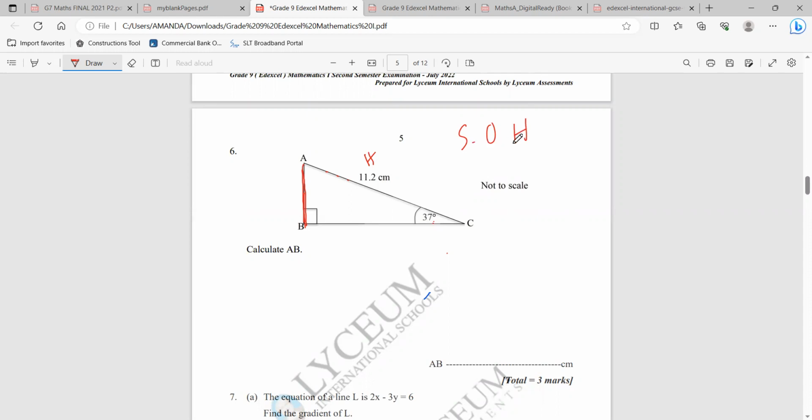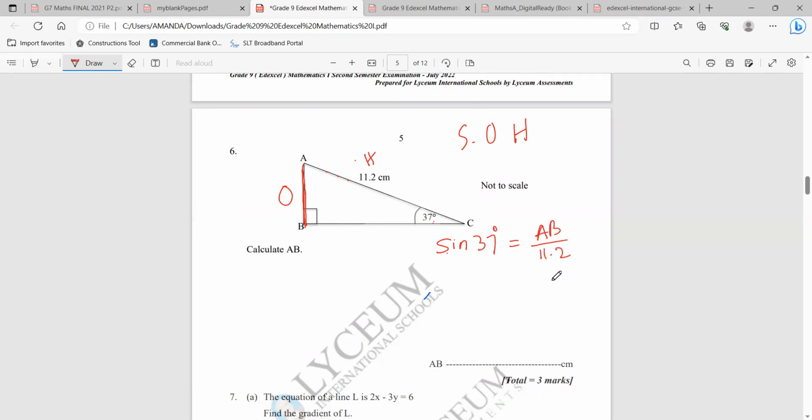Okay, it's going to be this ratio. Opposite is this one, opposite side divided by hypotenuse. So sine 37 equals opposite AB divided by the hypotenuse 11.2.